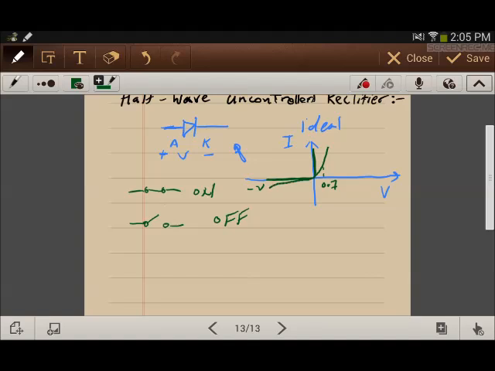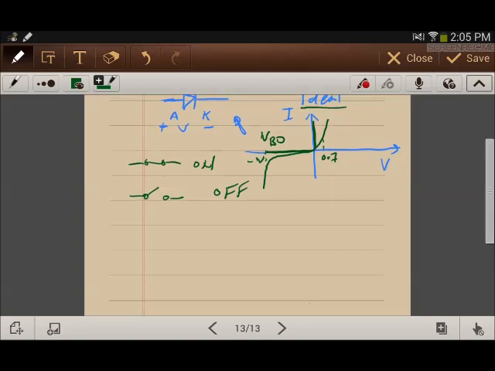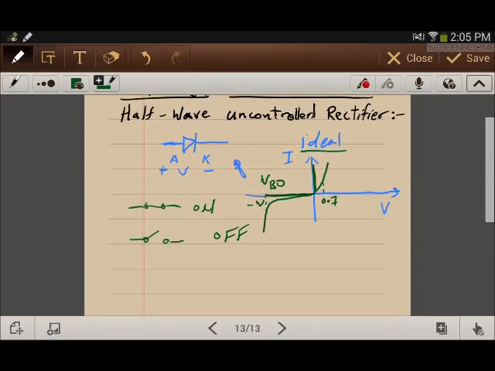During off, the diode will block a certain amount of negative voltage, and when it reaches a certain level, the diode will break down and behave like a short circuit, and this voltage is called the breakover voltage of the diode. So this is for a non-ideal case. We will consider the ideal diode in our calculation for the half-wave uncontrolled rectifier.